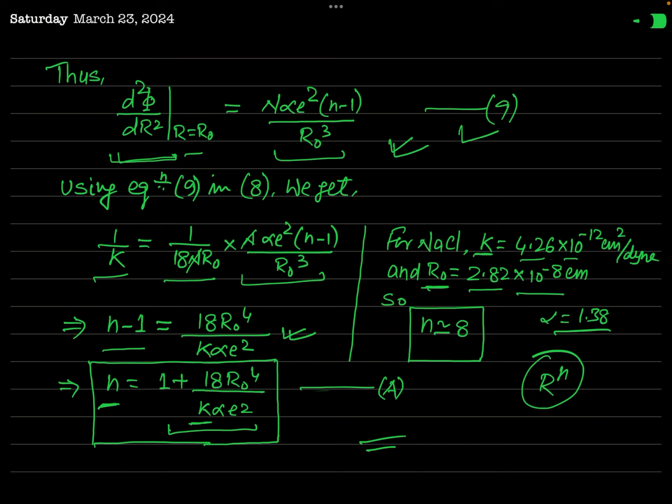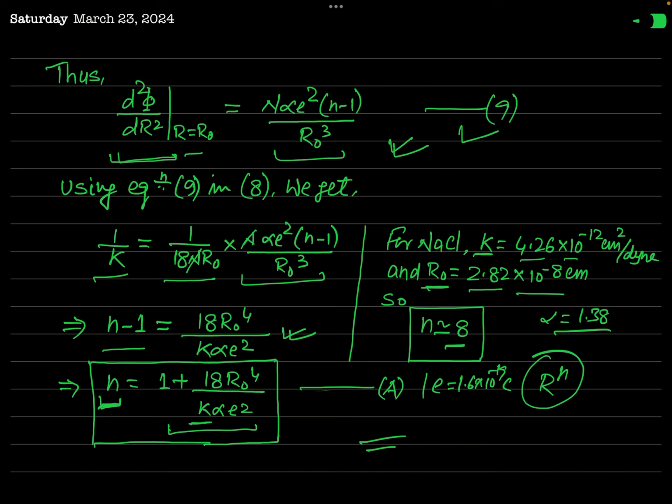So when we substitute all these values in this expression, and you know e is the electronic charge, this is 1.6 into 10 to the power minus 19 Coulomb. So after substituting all these numerical values in equation 9, it is found that this n, which is actually the repulsive exponent of ionic crystal, comes out almost equal to 8.